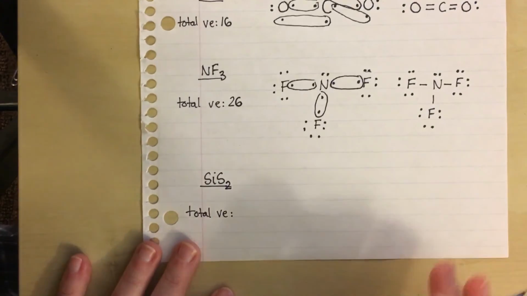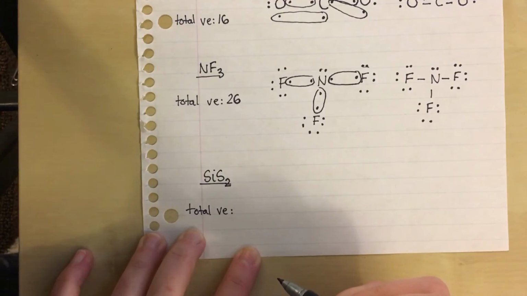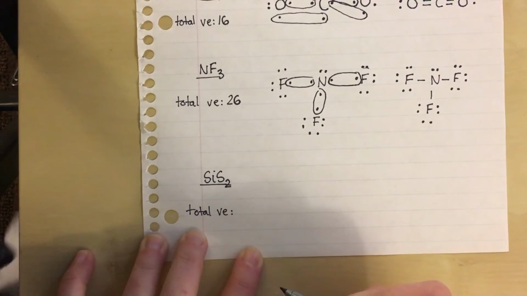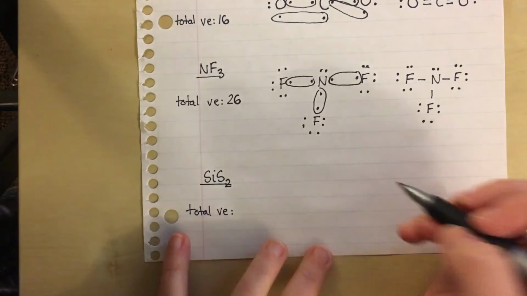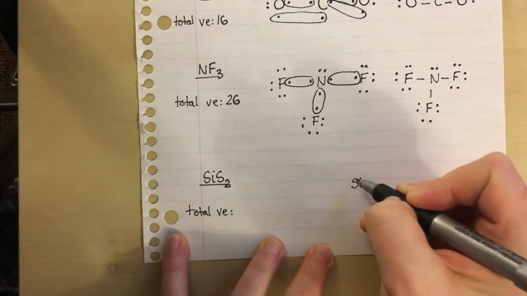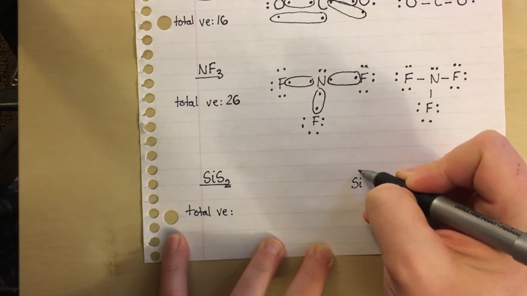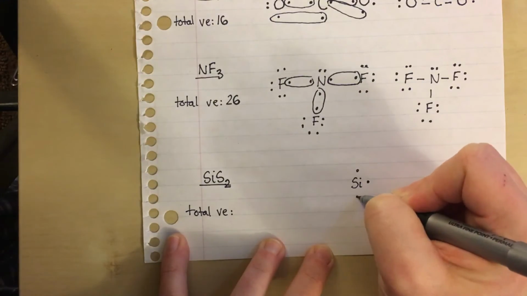Let's draw one final structure. Silicon disulfide. This is similar to the way a water molecule will look, if you want to practice that later. I'll draw silicon first. Silicon has 4 valence electrons, 1, 2, 3, 4.